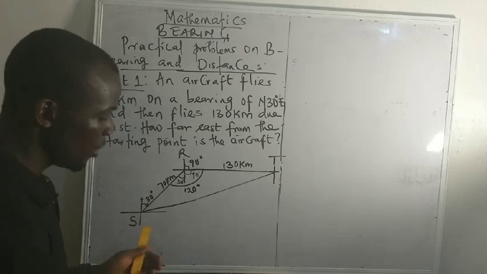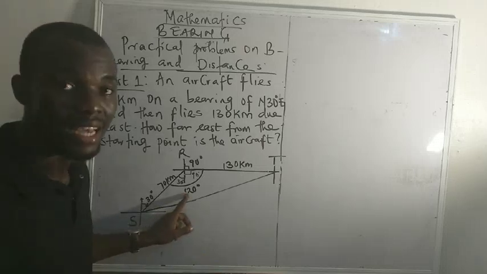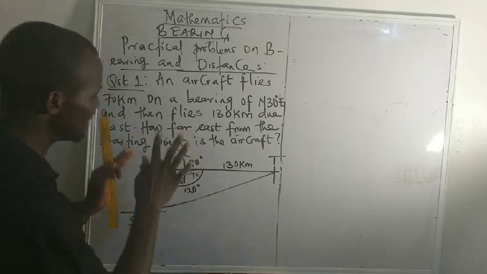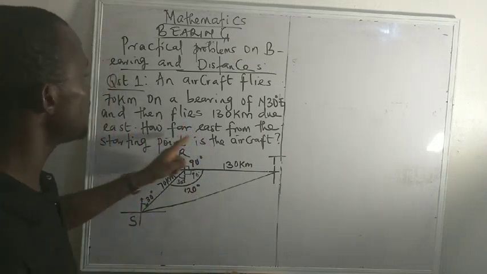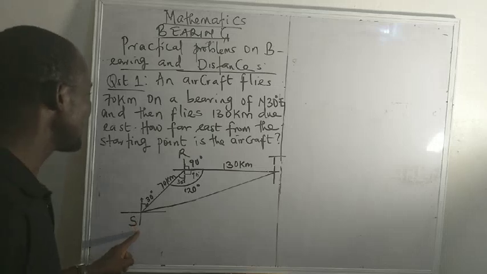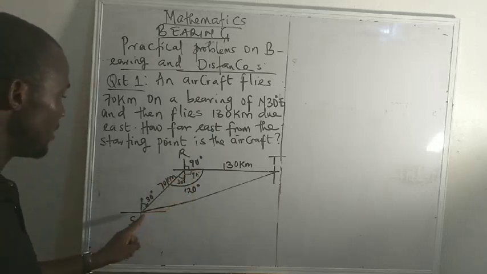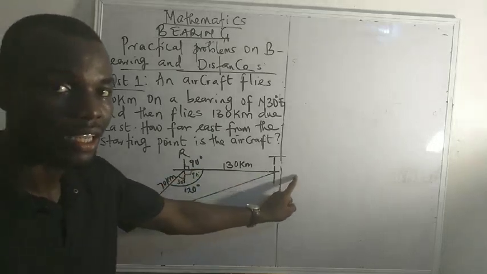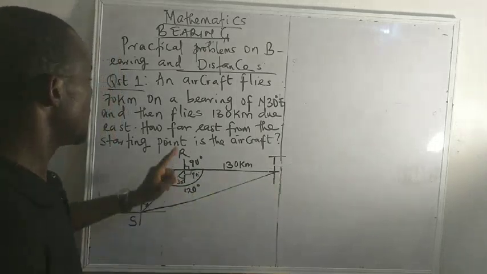So we have 120 degree here as the angle given. By the time you see this and they say how far east from the starting point is, they are talking about the distance from here to this place, the length ST, the aircraft.